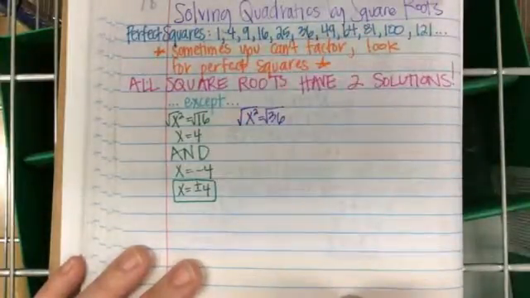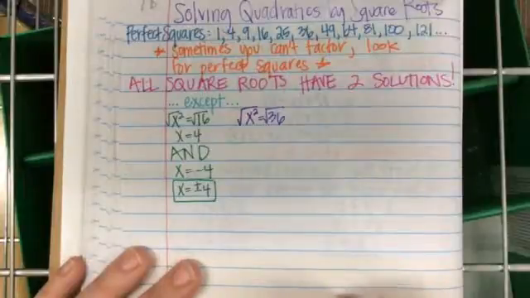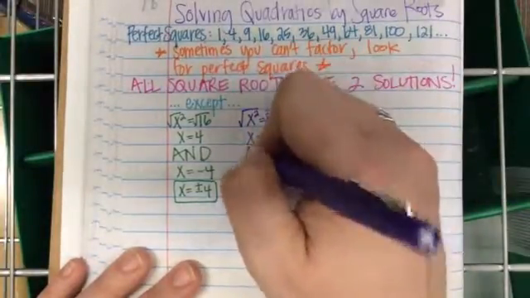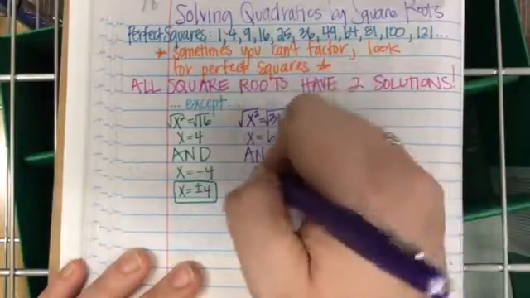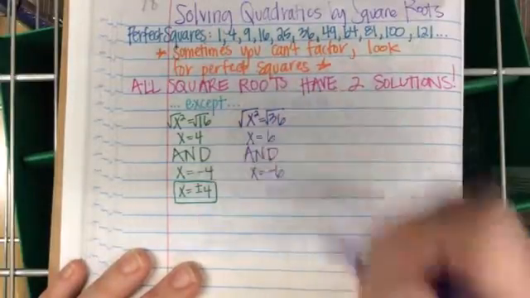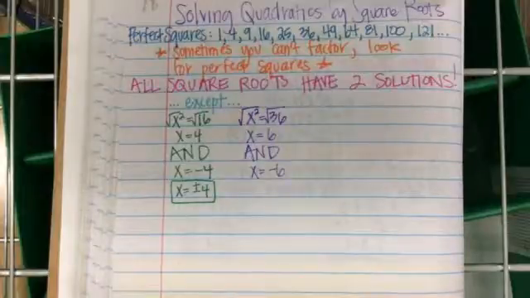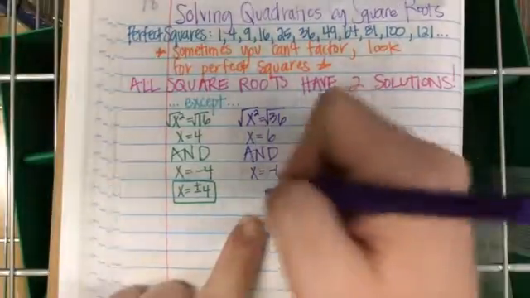So I have two solutions to this problem. x equals 6 and x equals negative 6. Because 6 times 6 is 36, and negative 6 times negative 6 is 36.